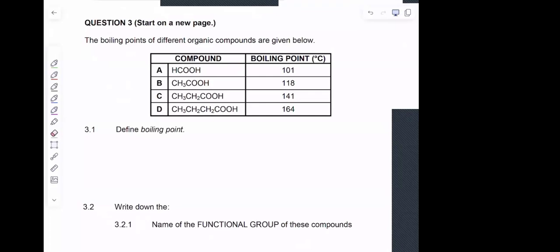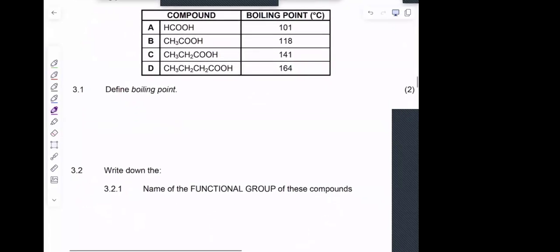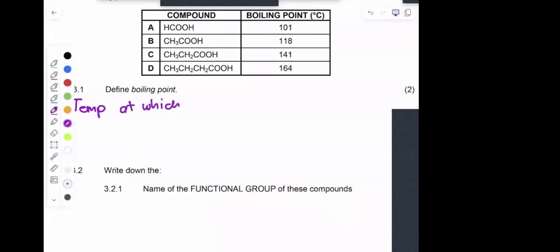right? So to define boiling points, again, definitions are important, guys. There's lots and lots of marks to the definitions. So defining our boiling point is going to be as follows. It's the temperature at which the vapor pressure of a substance equals the atmospheric or the external pressure. Temperature at which?